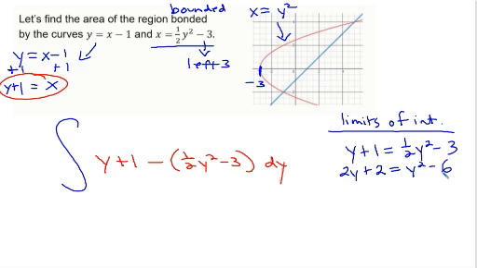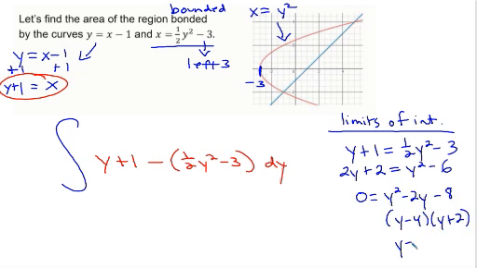That's what I would do, and then get everything on one side. So I have that 0 equals y squared minus 2y minus 8. That's a very basic quadratic. It factors into y minus 4 and y plus 2.